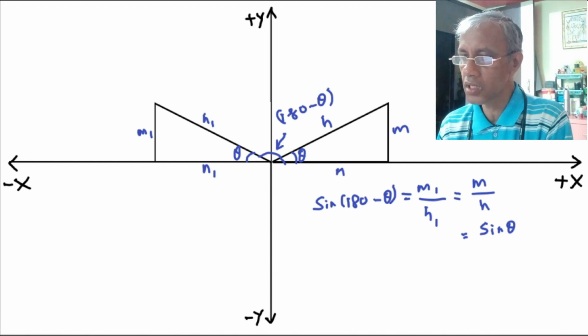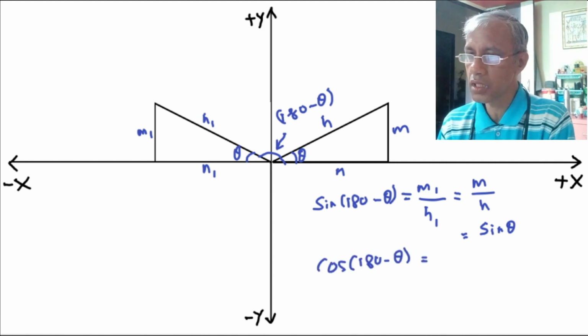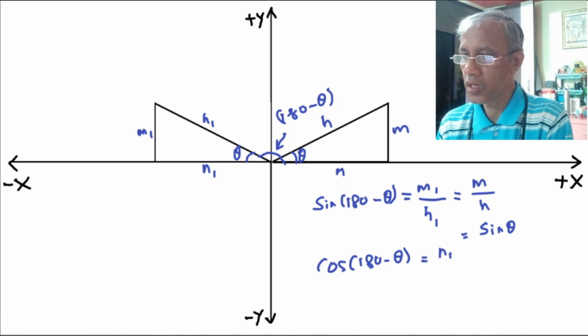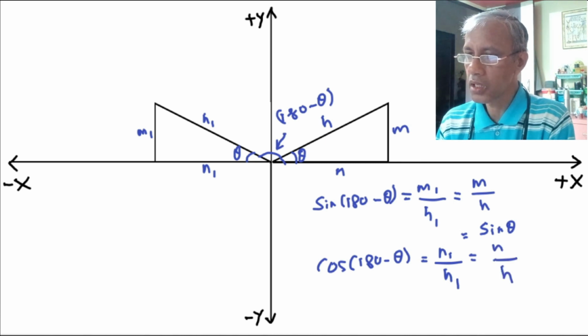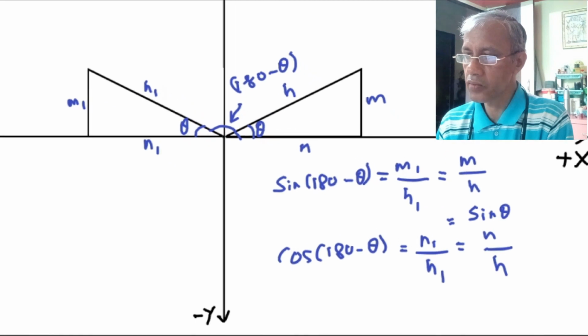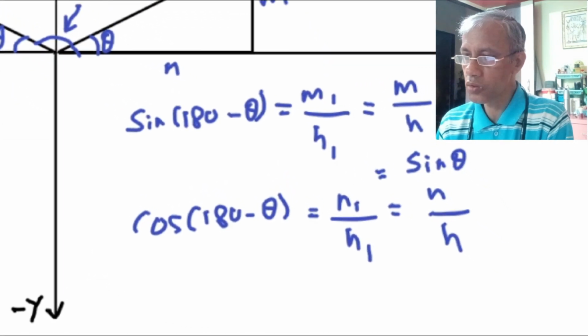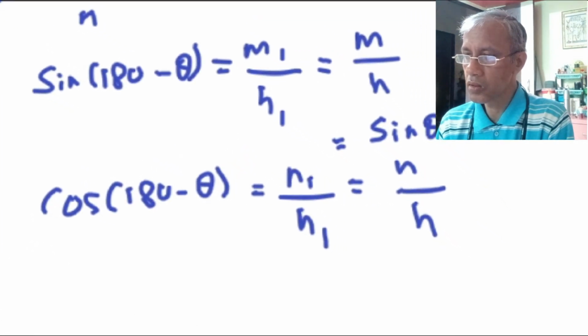Cos of 180 minus theta, based in the second quadrant, is N1 upon the hypotenuse H1. That is equal to N by H. Now we can see that N1 is in the negative side of the x-axis. So the value of N1 by H1 will be negative of the ratio of N by H. It would be equal to negative of cos theta.